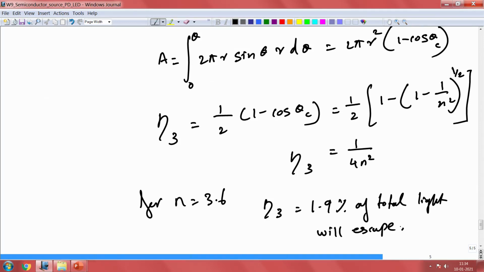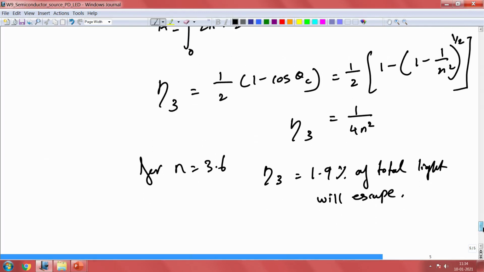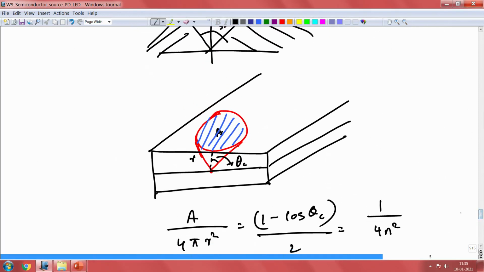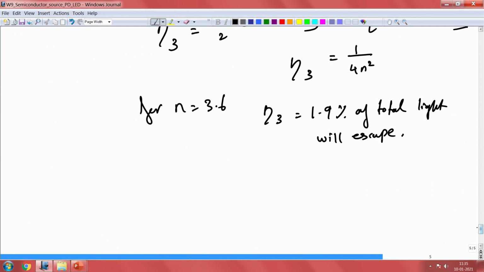This is rather poor, and combining all of this is what we call the extraction efficiency. So, the light that is going out based on all these considerations, coming from your escape cone, is what we call the external efficiency.